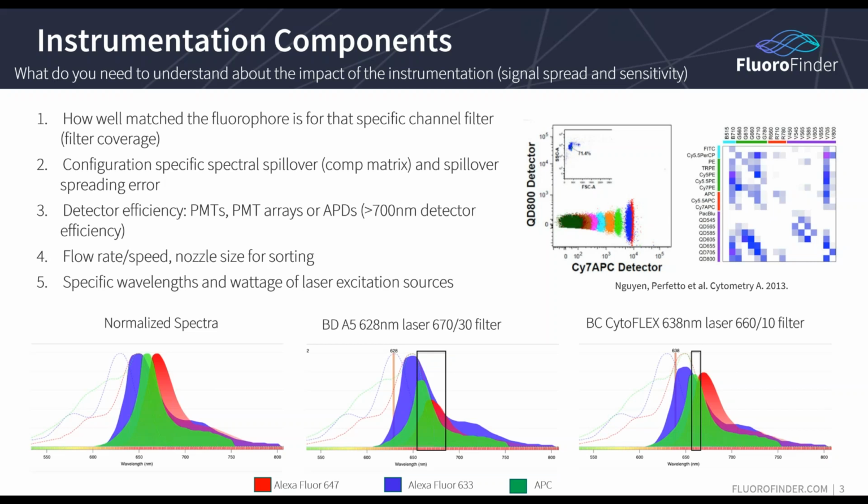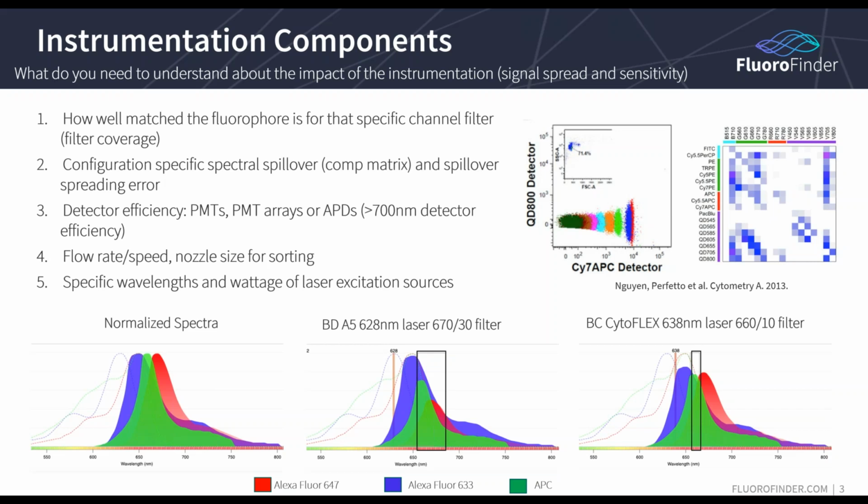I don't know many people that don't run at super high rates, because we have to sit there for so long typically to get through all of our samples. So if you are having a loss of resolution between two populations, slowing down your rate can sometimes help with the total spread of the emitted population cluster. And then finally, specific wavelengths and wattage of laser excitation sources, which is actually the bottom.